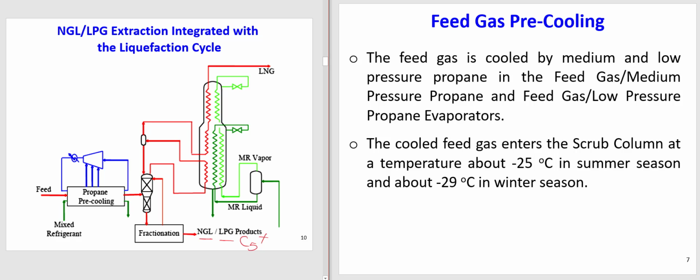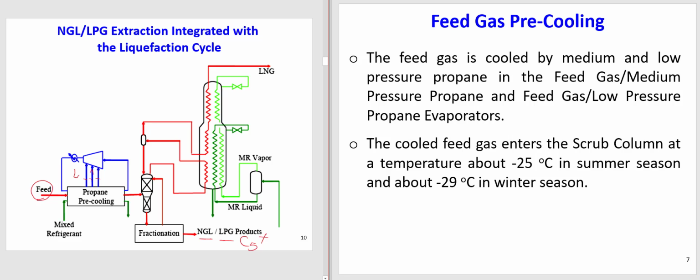So let's start from here. The feed gas is cooled by medium and low pressure propane, in the feed gas medium pressure propane and feed gas low pressure propane evaporators. So these three that you see, we have low, medium, and high pressure.